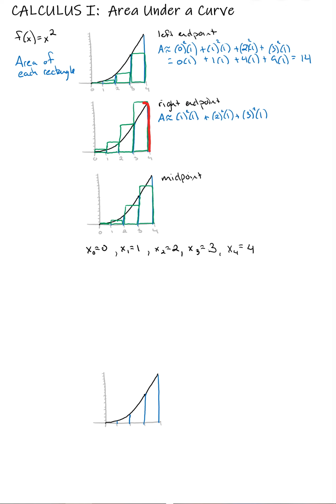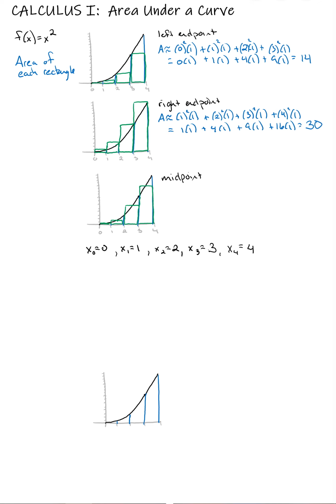Again, the height is 4 squared off of my function. And the width again is 1. So we have 1 times 1 plus 4 times 1 plus 9 times 1 plus 16 times 1, which gives us, looks like that's 30.